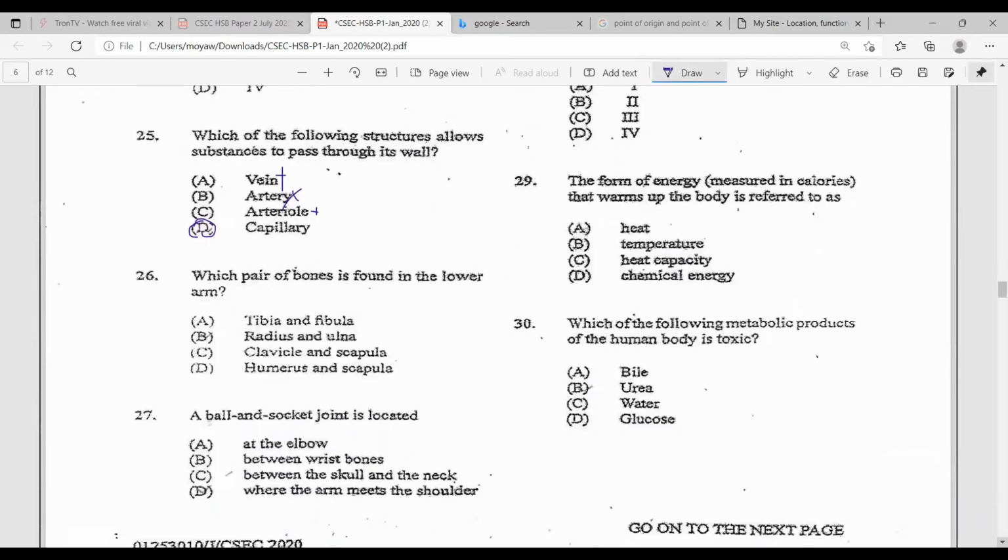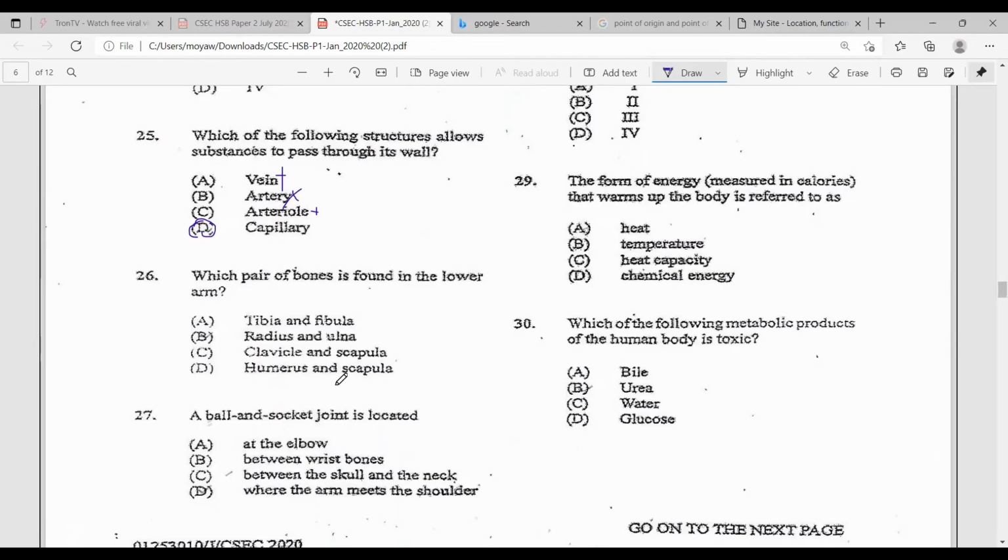So 26. Which pair of bones is found in the lower arm? So we have A, the tibia and the fibula. Then we have B, the radius and the ulna. Then we have C, the clavicle and the scapula. Then D, the humerus and the scapula.